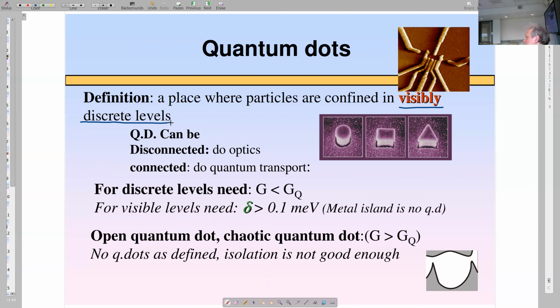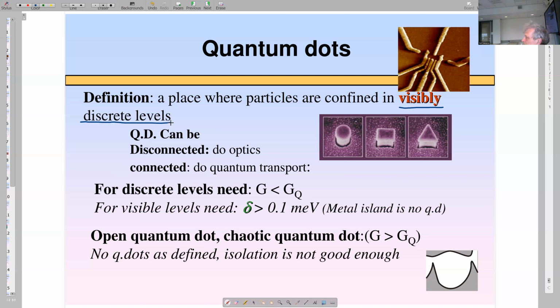However, the volume of the tower is so large that the difference between the levels will be astonishingly small. Nobody would see that. It is also difficult to see even in metallic islands of submicron size.